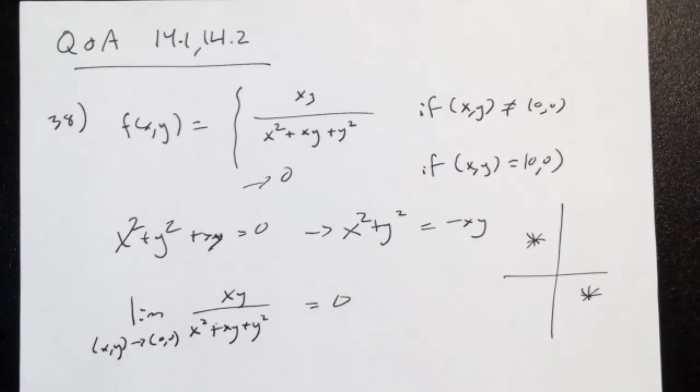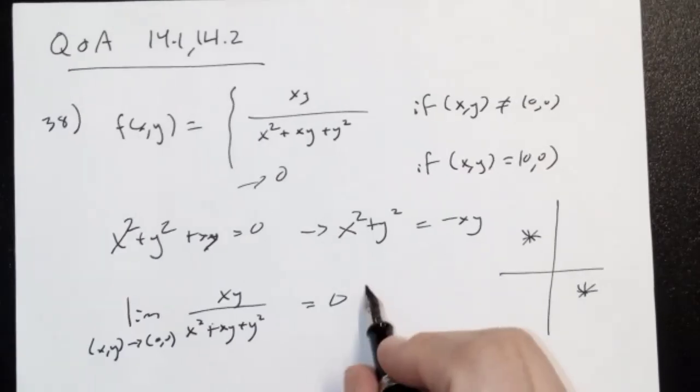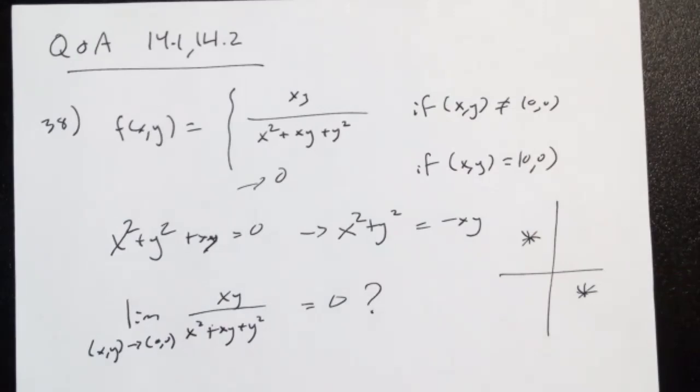Because if it's continuous, there's a value and the limit as we approach. So did I plug the hole properly? First question is, what's that limit? If this is true, then we are continuous. Otherwise, we're not continuous.